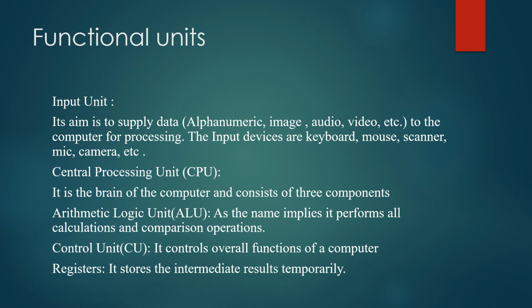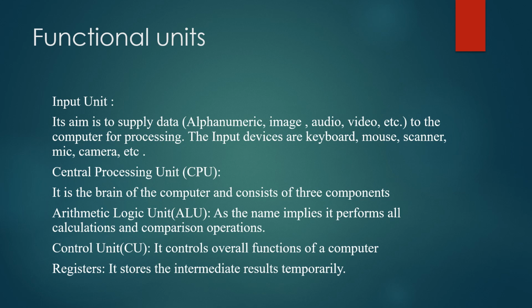Next is the control unit. The control unit is also a part of the central processing unit, and its function is to coordinate the operation of the processor and control the data flow in and out of the central processing unit, that is, data flow into the CPU and out from the CPU. At the same time, it also controls all the operations carried out by the ALU, memory registers, and the operations related to the input and output devices.